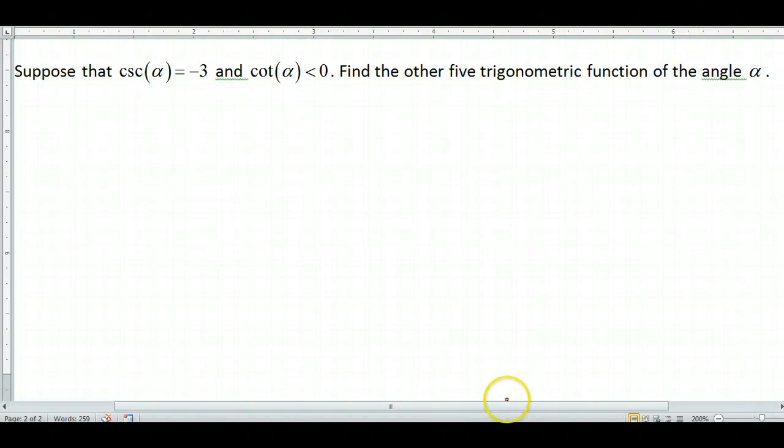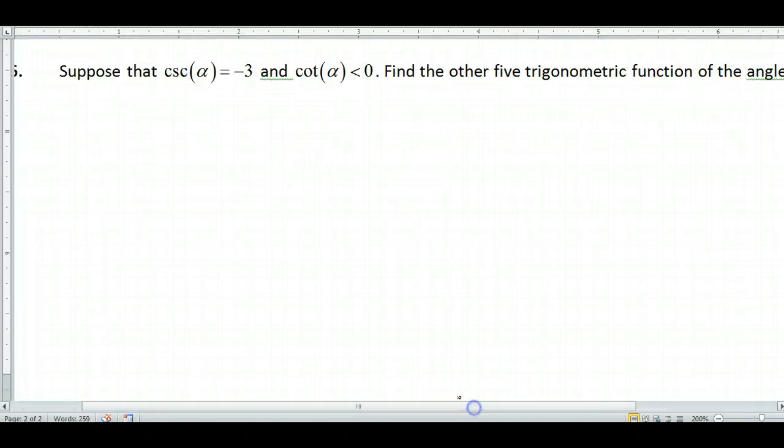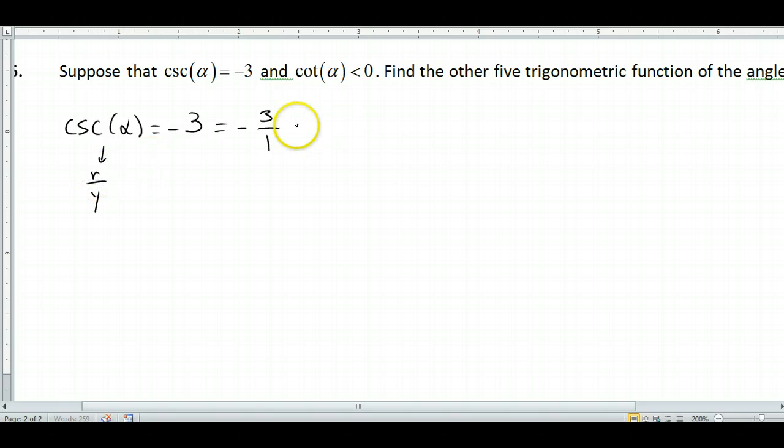Okay, here's a most straightforward problem. The cosecant is -3, so you know that, and let me write that down. The cosecant of the angle alpha is -3. That means -3/1. Now you know that cosecant is r over y, and r is never negative, so this is 3/-1.